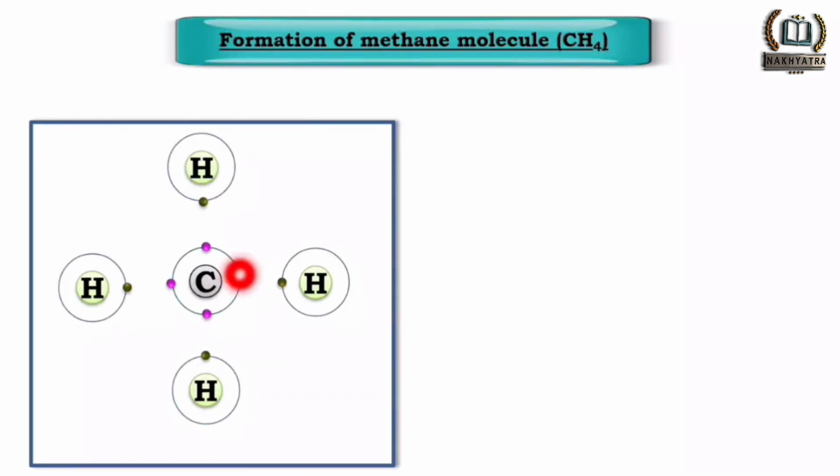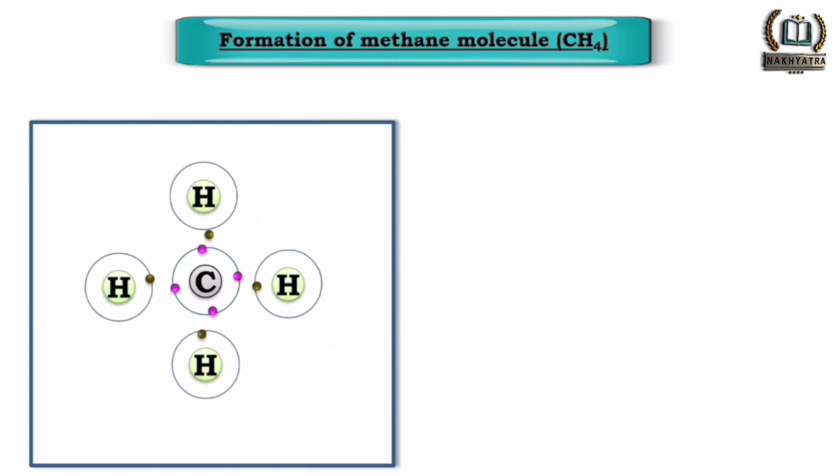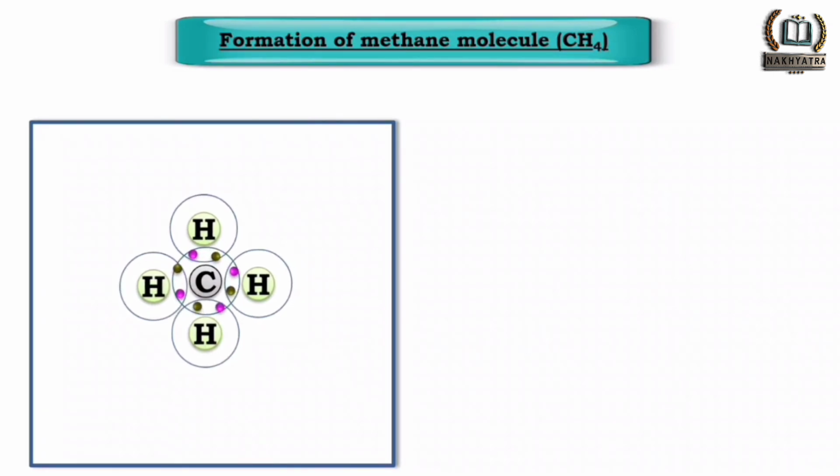So see here, the outer electronic configuration where the valency for carbon is 4 and there are 4 hydrogen atoms. So the hydrogen atoms will share with the carbon atom. So this is the molecular structure for methane molecule.